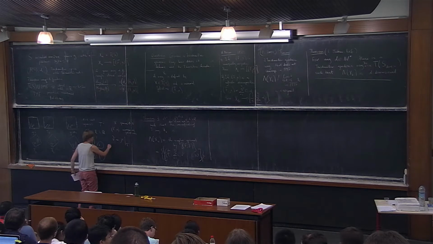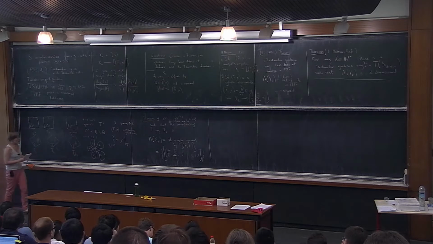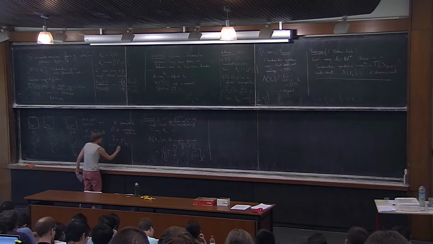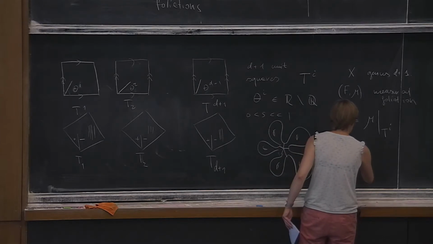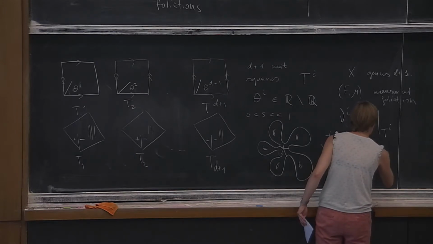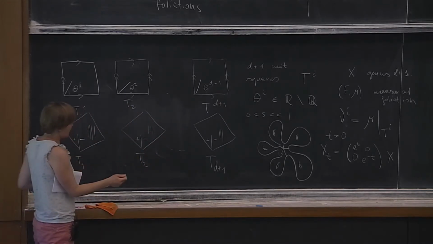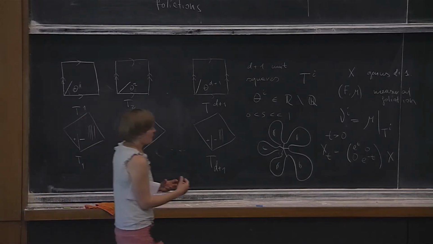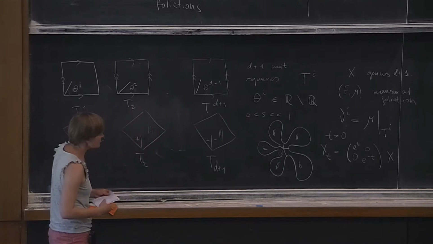For each t, one applies the following map: x_t expands horizontally and contracts vertically, and that gives you a new Riemann surface, a new structure.